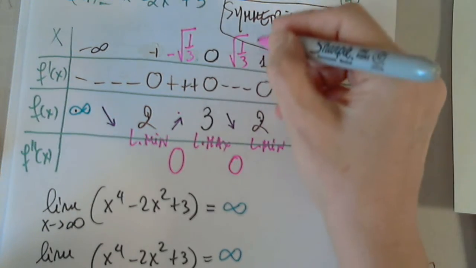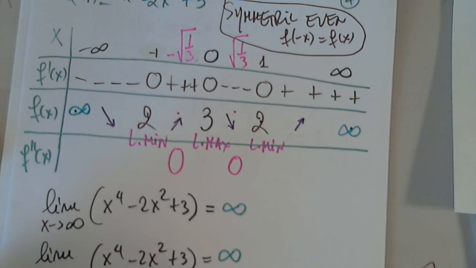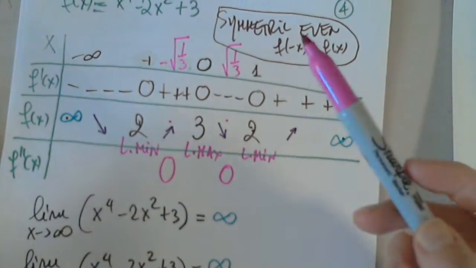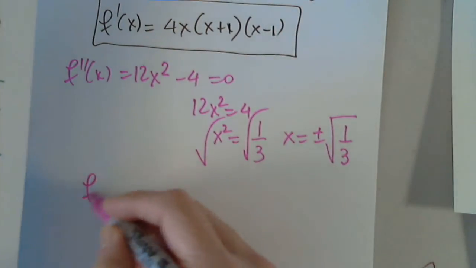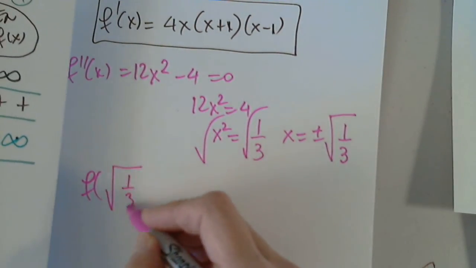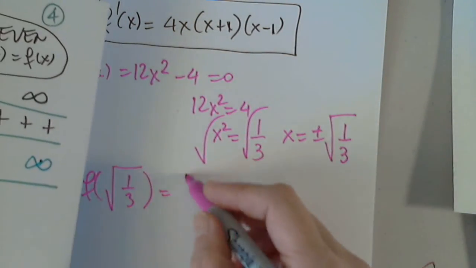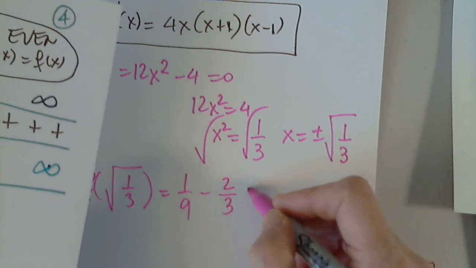I have to find the values of y, or f of x, for these two. I only need one. It's an even function. So when I plug in the square root of 1/3 in this function, I have 1/3 squared, which is 1/9, and minus 2/3 and plus 3.